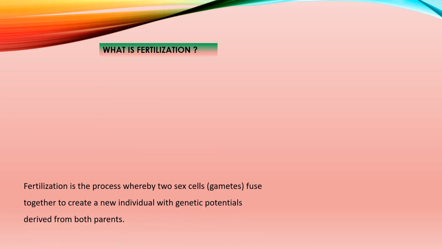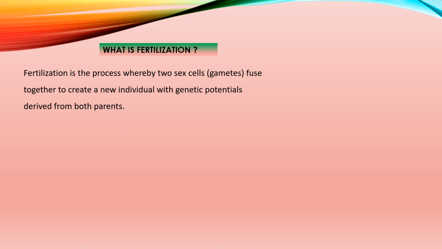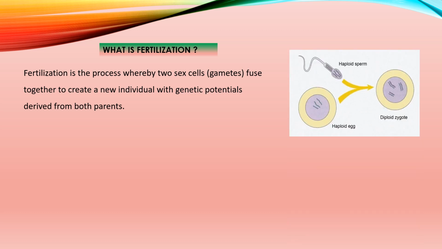What is fertilization? Fertilization is a process whereby the two sex cells, the gametes like the sperm and the egg, fuse together to create a new individual which has the genetic potential derived from both the parents. As you can see here, the haploid sperm fuses with the haploid egg, which leads to the formation of the diploid zygote.